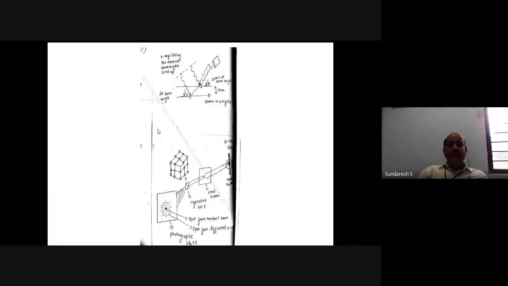This is the diagram I showed previously, the same thing here. Once it diffracts, it gets diffracted by an angle theta. This is the diagram they are showing here: a crystalline solid, lead screen, spot of the incident beam, part of the diffracted X-rays, and photographic plane.